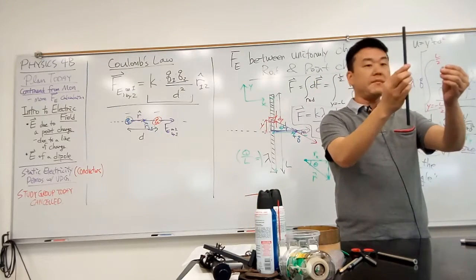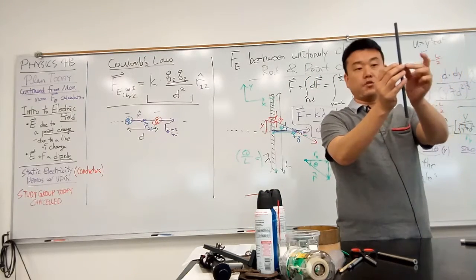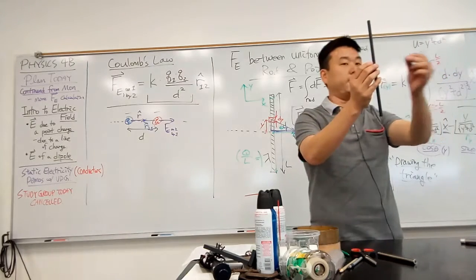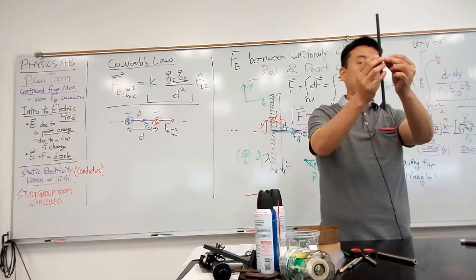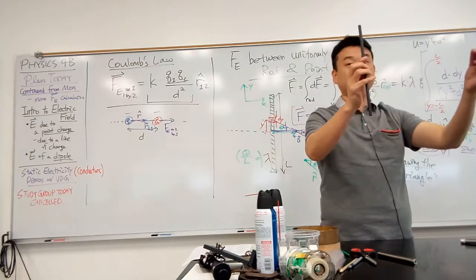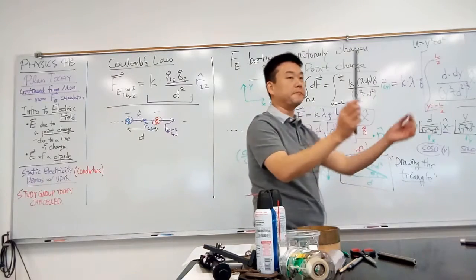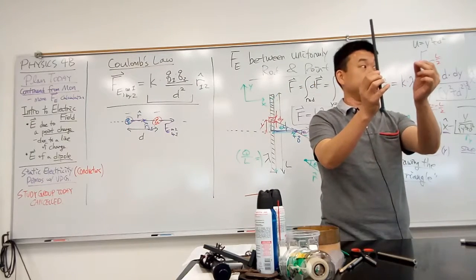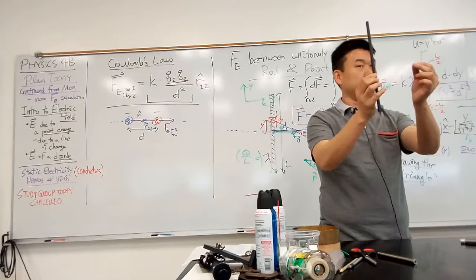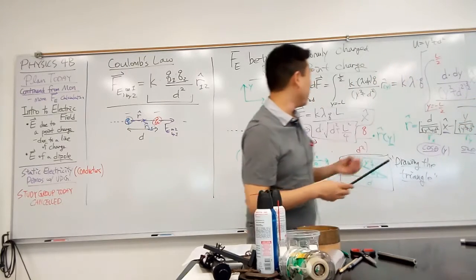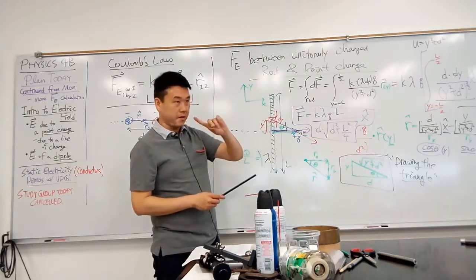So by limiting case, this is what I mean. I could make this ball very, very far away, or I can make it very, very close. So which limiting case do you want to look at, to try to make this expression simpler? Very, very far away? Yeah, if you do very, very far away, I won't write it down because it looks pretty simple.